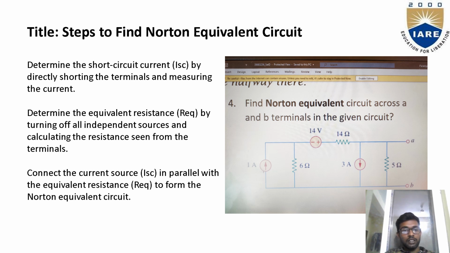Determine the short circuit current, called ISC, by directly shorting the terminals and measuring the current. Determine the equivalent resistance by turning off all independent sources and calculating the resistance seen from the terminals. Connect the current source in parallel with the equivalent resistance to form the Norton's equivalent circuit.